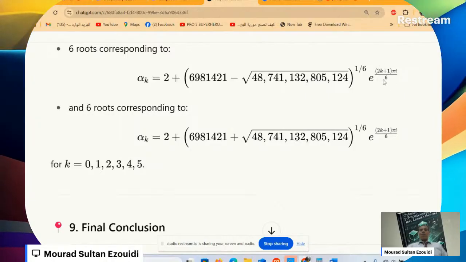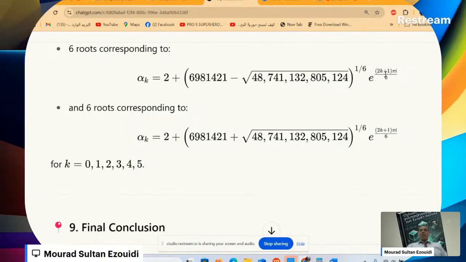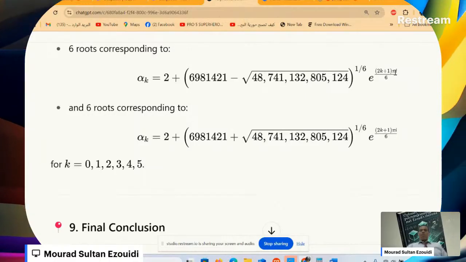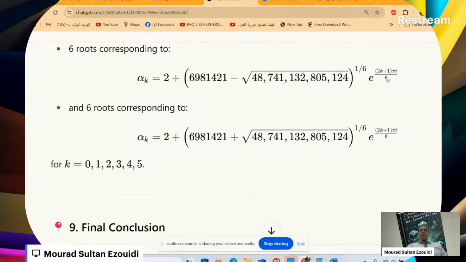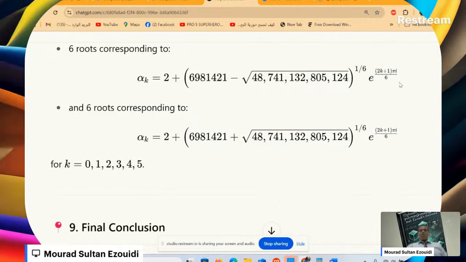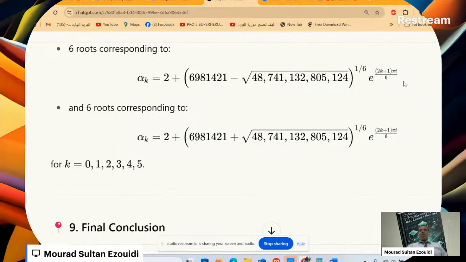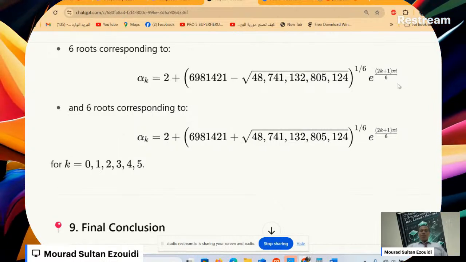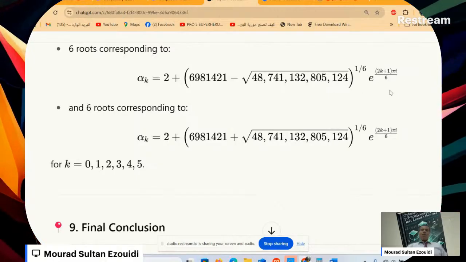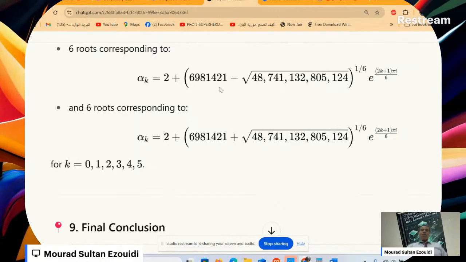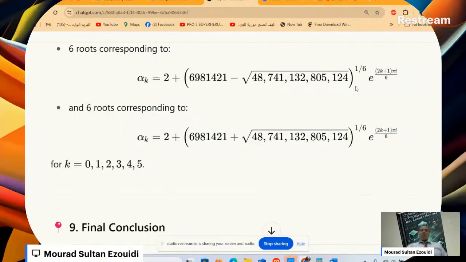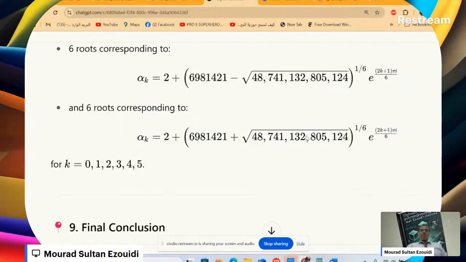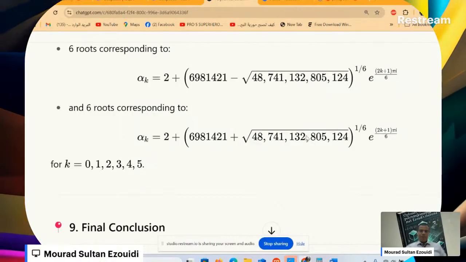You can use Moivre's theorem, it will be cosine of 2k plus 1 times pi divided by 6 plus I sine of 2k plus 1 over 6 times pi. Okay, means all the roots in the first set are complex numbers. In the second set are complex numbers.